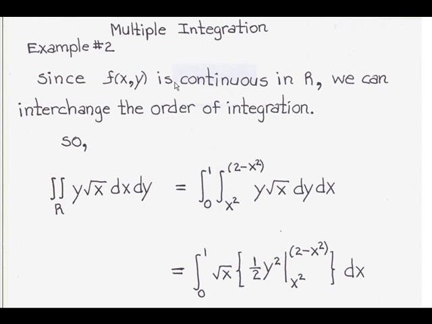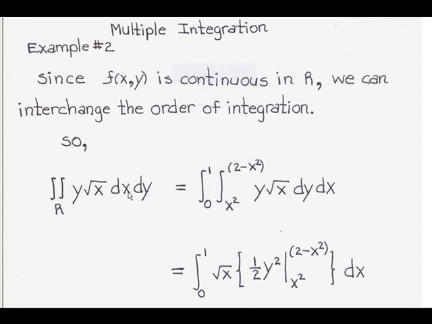Now, since f of x, y is continuous in R, we can interchange the order of integration. So here's what we know now. We have a particular region, and we want to take the double integral over that region of y times the square root of x dx dy. Now that we know this fits a type 1 double integral problem, we're going to interchange the orders of integration.